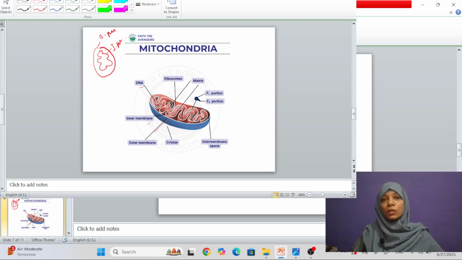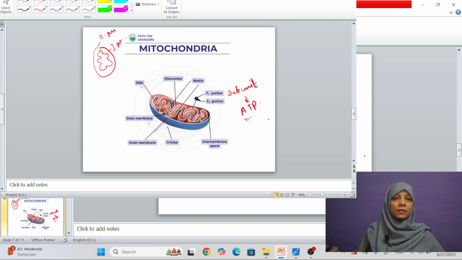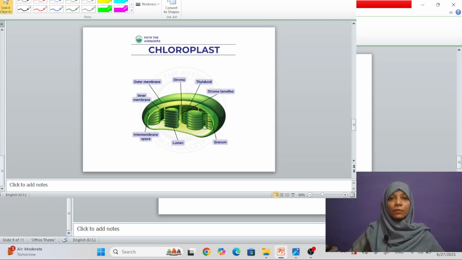There is a liquid portion which is called the matrix. Some ribosomes are also present, and there are F1 and F2 subunits, which are very important for the function or production of ATP. We will discuss this in future in brief.